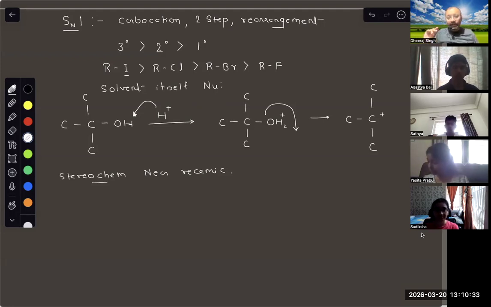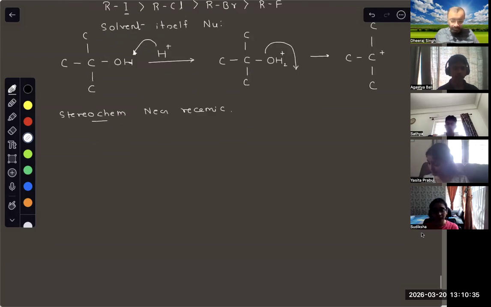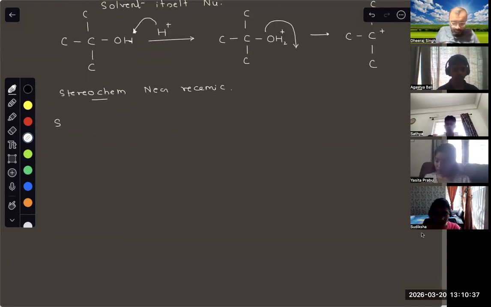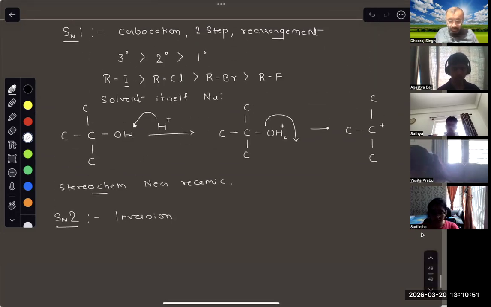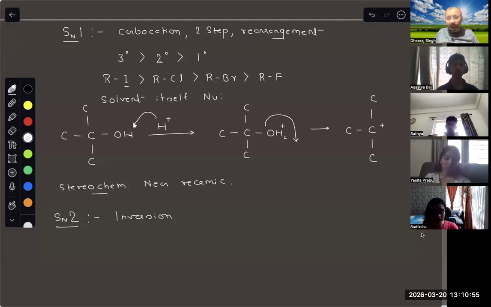So retention is lesser than inversion. Okay. SN2, we'll quickly do that. In SN2, first let's talk about stereochemistry. Inversion happens mainly, right? Now, how will you know whether with a particular nucleophile SN1 will happen or SN2 will happen?